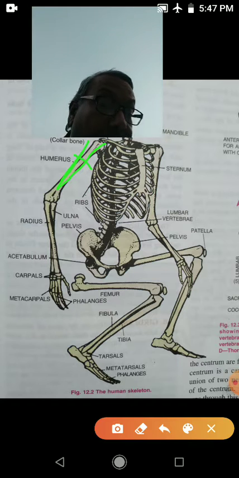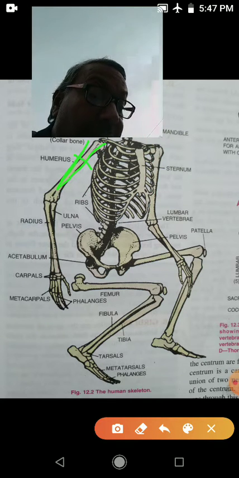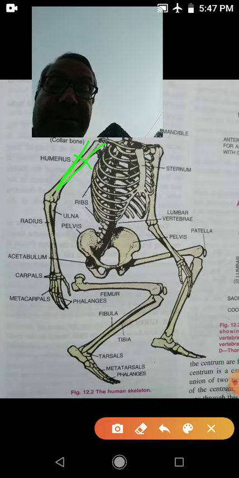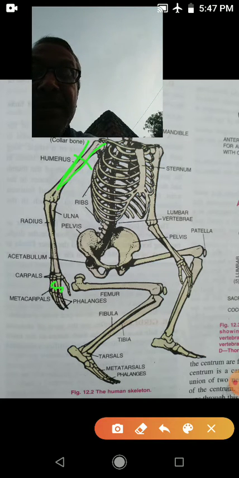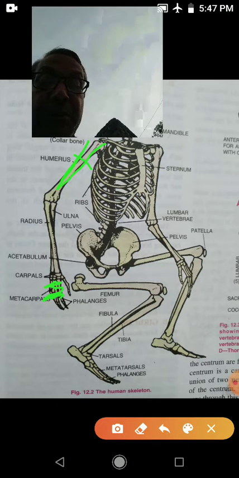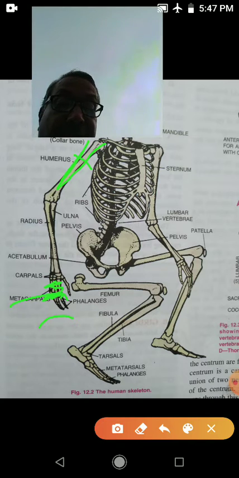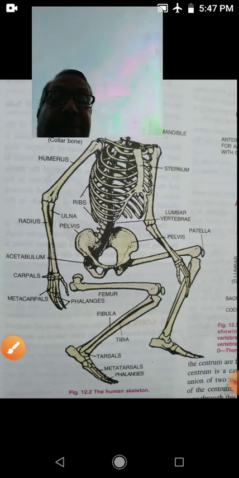Again there are carpals. 8 carpals, that is the wrist bone. Then in the palm there are 5 bones, that is metacarpals. Then 14 bones are present in the phalanges.